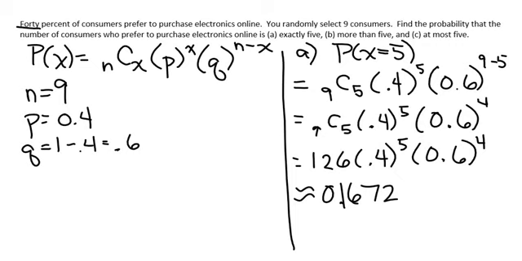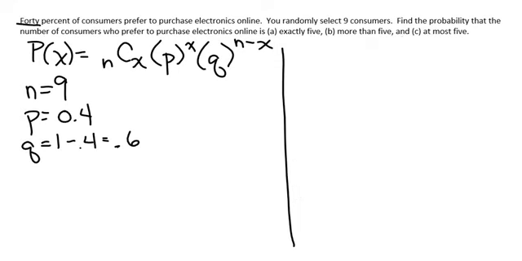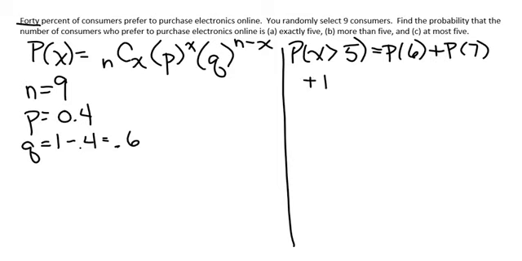Now let's move on to part B, more than 5. If we want to look for the probability that x is more than 5, we're going to have to calculate individual probabilities for 6, 7, 8, and 9, and then add them up.